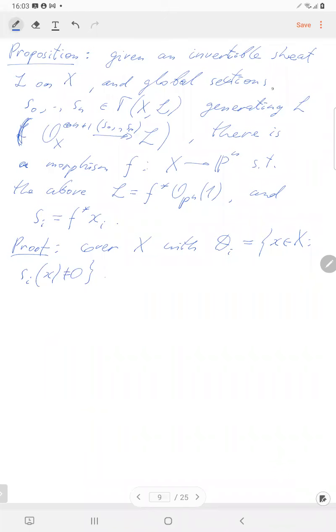Now we construct a morphism F_i from D_i to A^n, the standard charts on the projective space. And what is this morphism? It is just tautological.